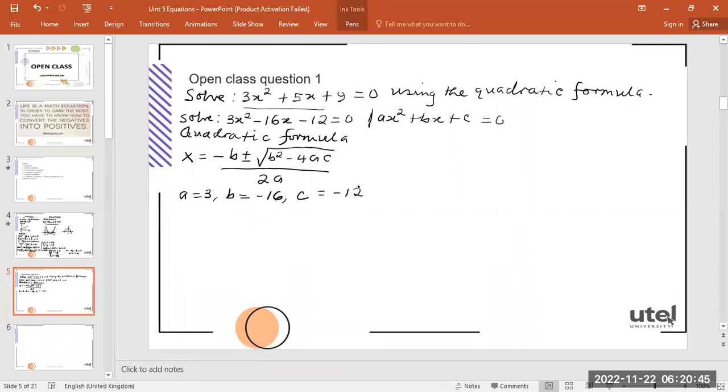Now, all we need to do is substitute all these values into our quadratic formula.